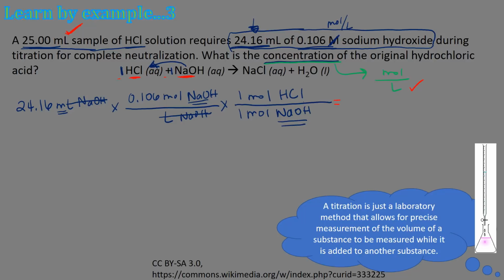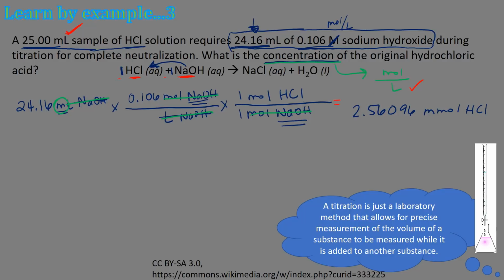All right, so I've got 24.16 times 0.106. That's going to give me 2.56096 millimoles of HCl, right? Because moles of NaOH cancel with moles of NaOH, liters cancel with liters. I still have that milli, so it's millimoles that are left over.